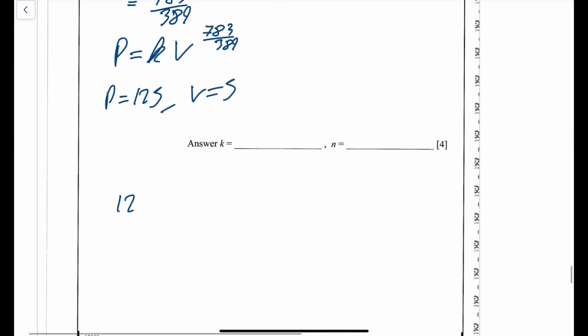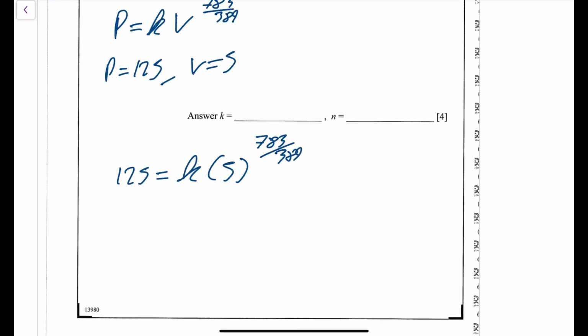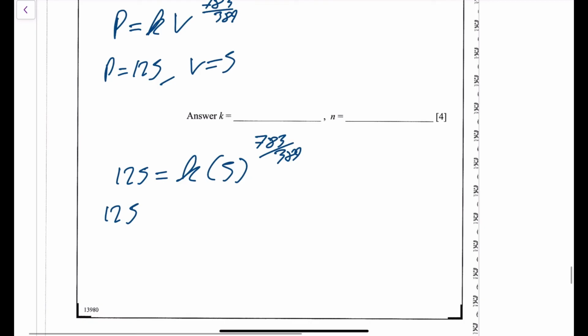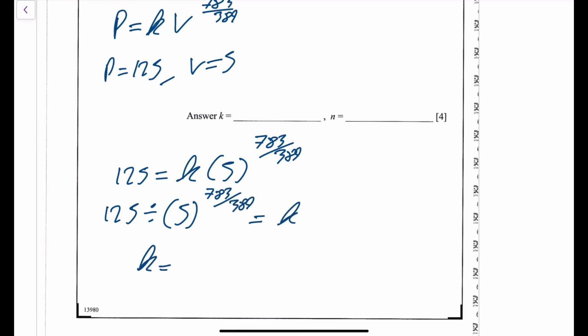So let's just put that in. 125 then is equal to K times 5 to the power of 783 over 389, which means we can just divide across and get my K is equal to that. The power of 783 over 389 is equal to your K. So see what your K works out to be. So let's just do that.